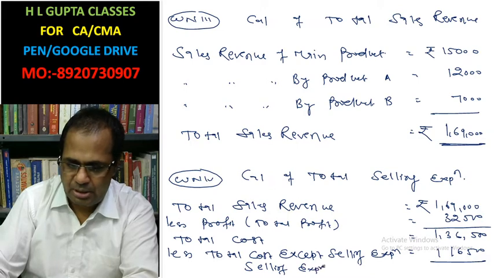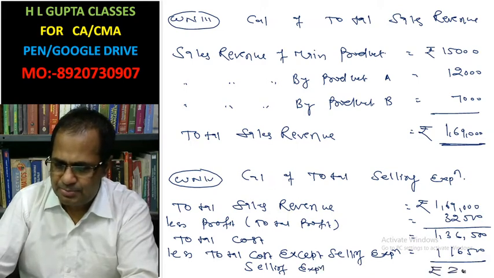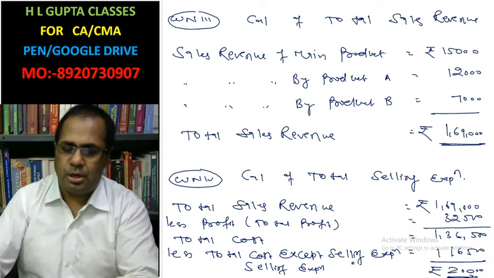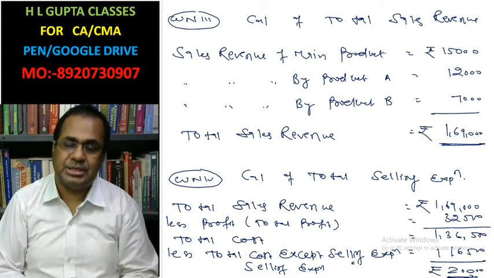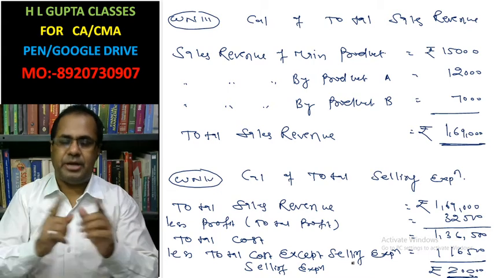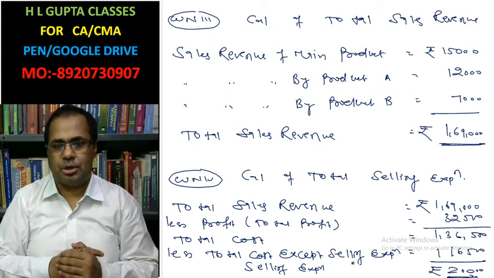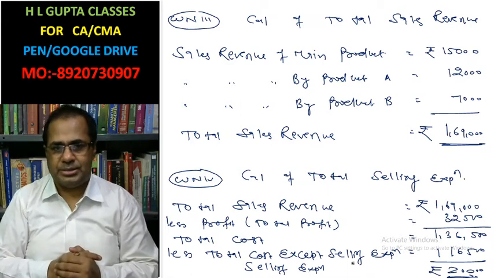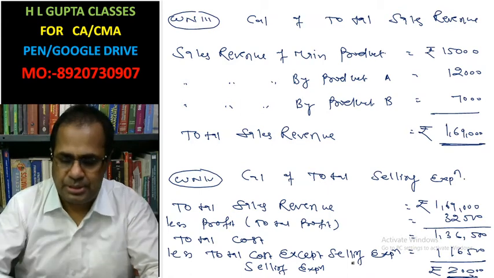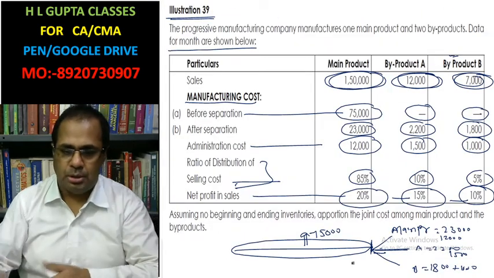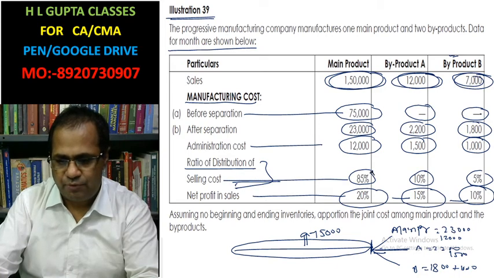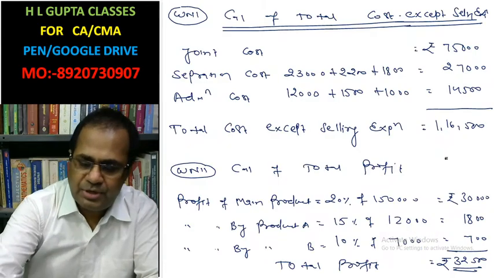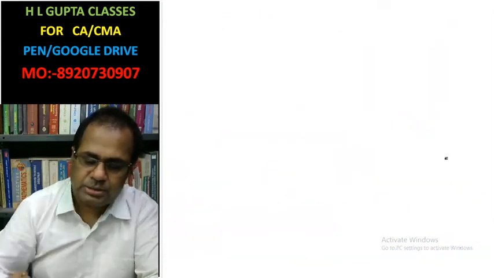Selling expenses. In the given question, these selling expenses were not given, but the selling expenses of the main product are 85%, byproduct A 10%, and byproduct B 5% is given in the question. Look at here in these questions, the ratio of distribution of selling cost is 85%, 10%, 5%. Okay, after this you can calculate selling expenses.